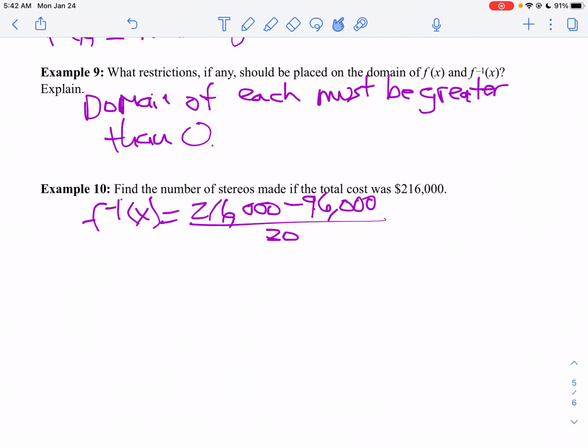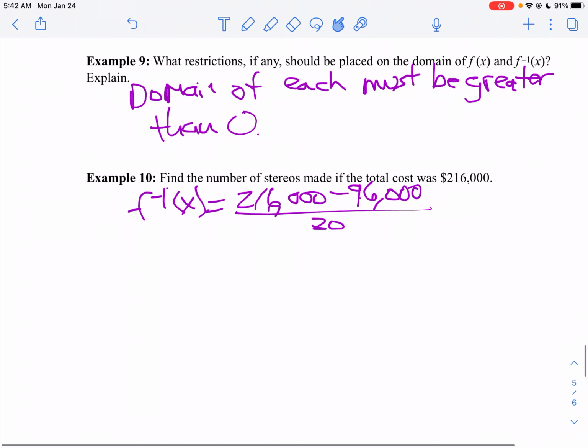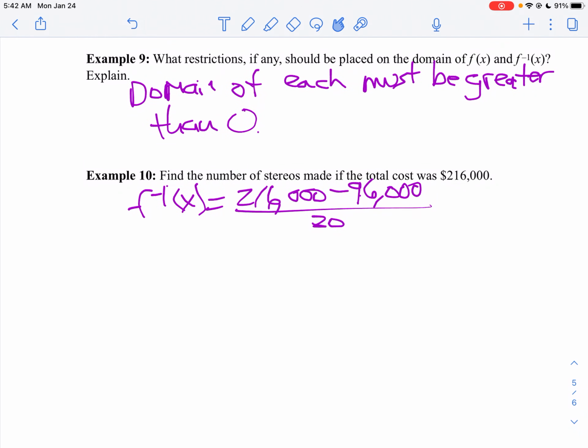Well, 216,000 minus 96,000, whoa, gives me 120,000. So I'm going to take 120,000 and divide that by 80, which is really, I'm going to take 12,000 divided by 8 then, really, is what I'm going to do.